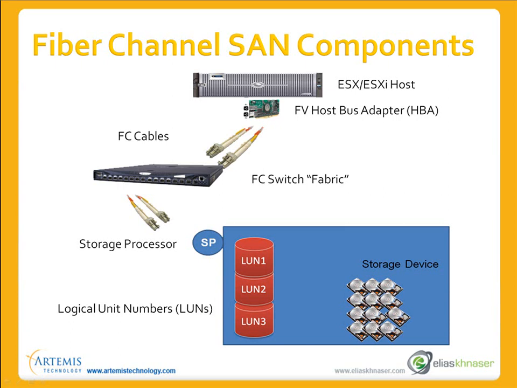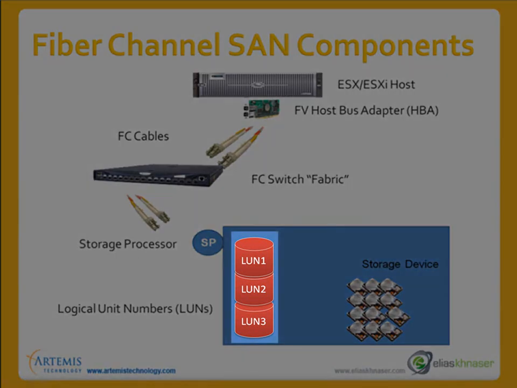The fourth component here is the LUNs. What does LUN stand for? LUN is logical unit number, and it is a representation of the combination of multiple physical storage devices. You take some of the disk arrays or physical disks, say one, two, three of them, and you make a LUN out of them. You combine the storage of all these three devices, in a RAID 5, RAID 0, or RAID 1, and you create a LUN.